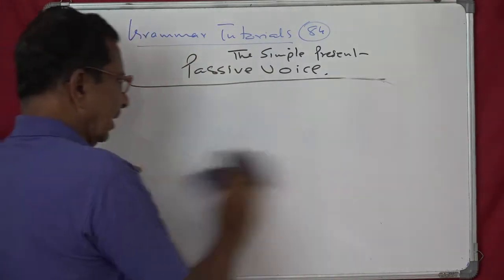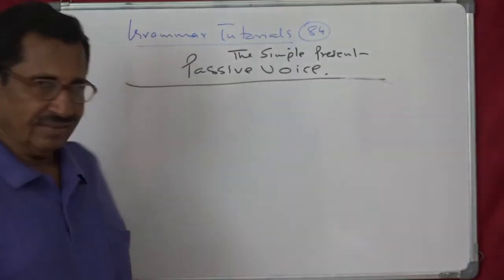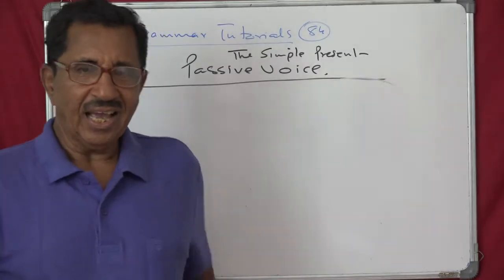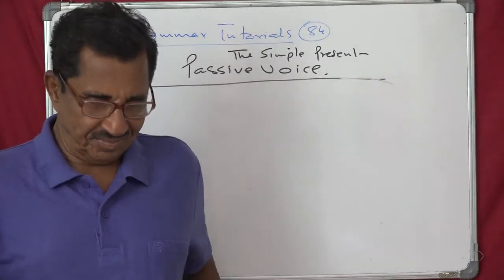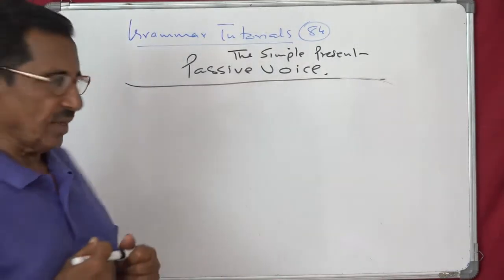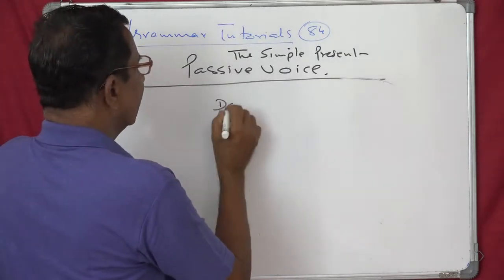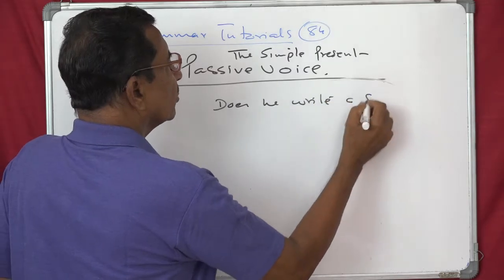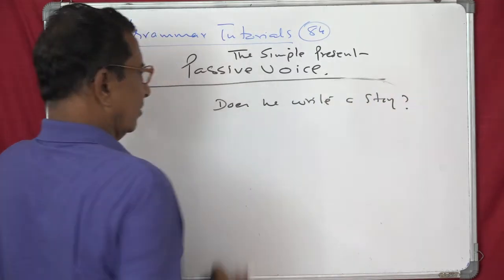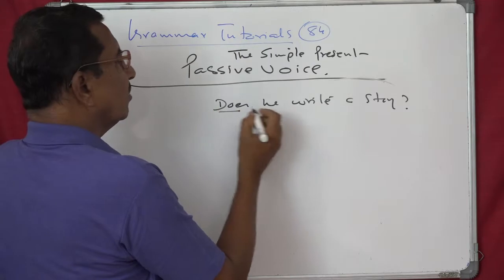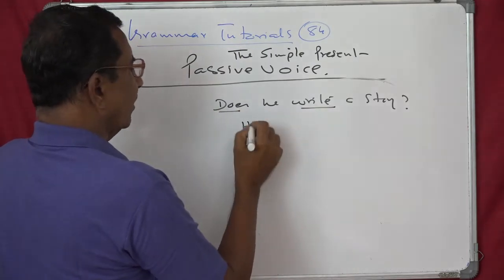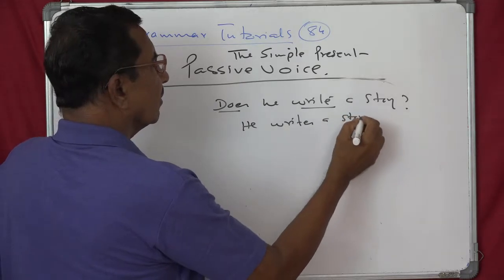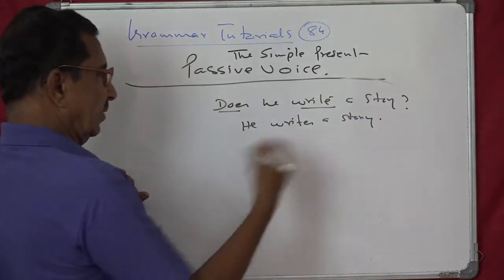Alright. Let's see another word, the does. Then things will become easy. Okay. Which sentence you want? Does he write a story? Passive. First you simplify this. He writes a story. Statement. Now it's easy.